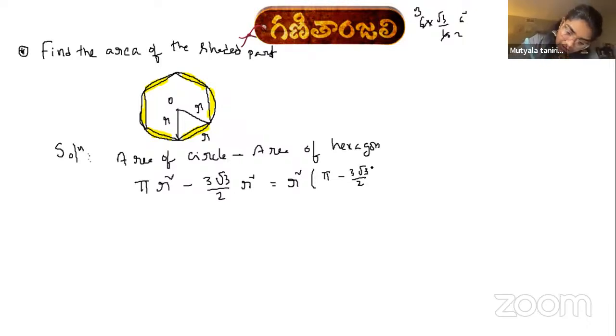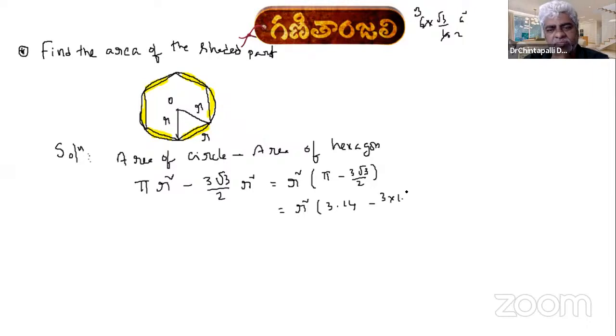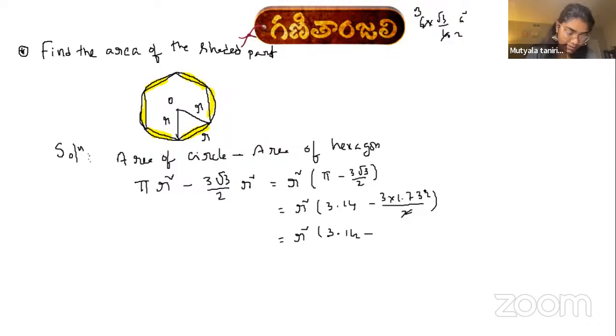If we want a more simplified form, r square into 3.14 minus 3 into root 3, which is 1.732, whole by 2. That is r square into 3.14 minus 0.866 something like this.